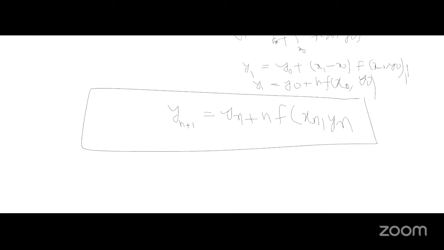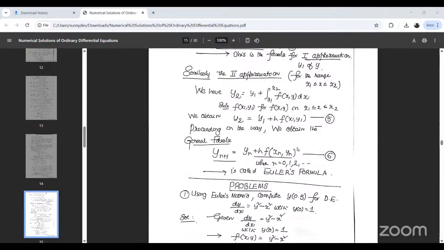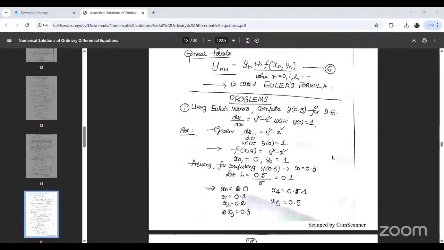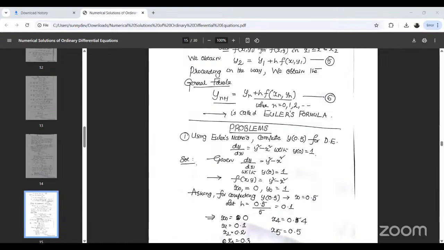So this is the Euler's formula. So we'll do one problem. Using Euler's method, find the y of 0.5 for the differential equation dy by dx equal to y square minus x square with y of 0 equal to 1.